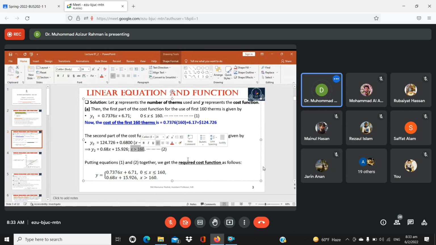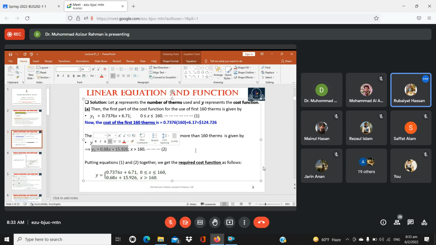So we are getting two different cost functions, a piecewise function. If usage is less than 160, then the cost function is y equals 0.7376x plus 6.71. And if your usage is more than 160, then you get this function.